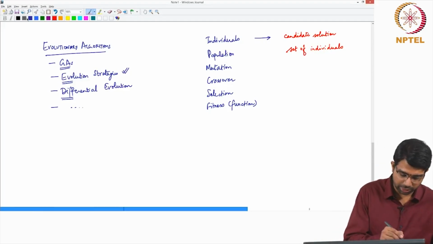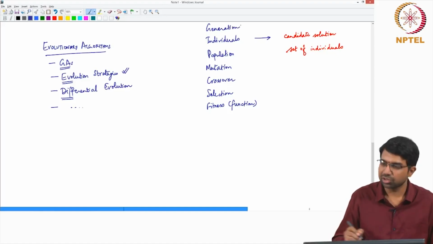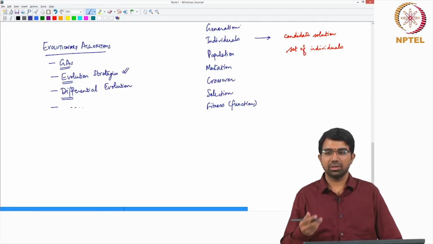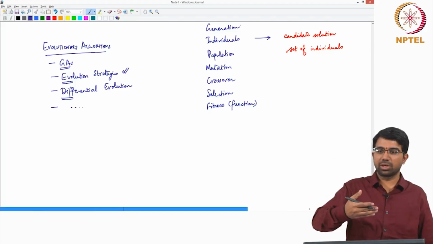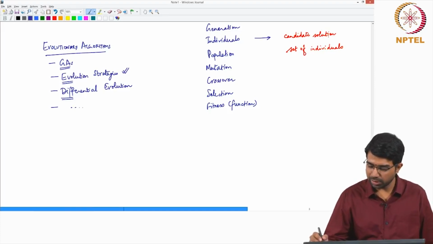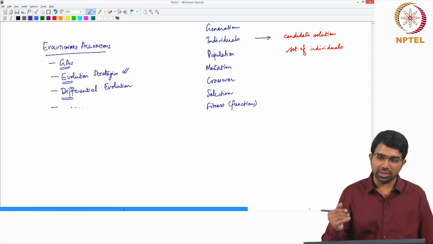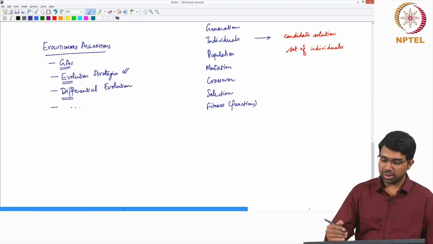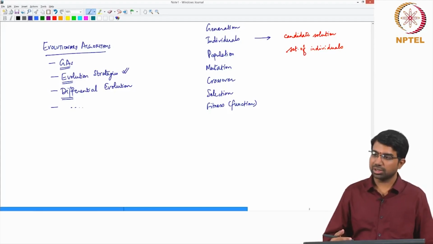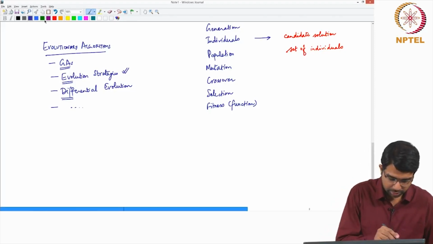There is also another important term here, which is generation. You all know what a generation is. Parents belong to one generation, children belong to the next generation, and so on. Similarly here, one set of individuals belong to one generation. From those individuals, you will generate other individuals. So there is some reproduction that has to happen, and then you will get the next generation, and so on.